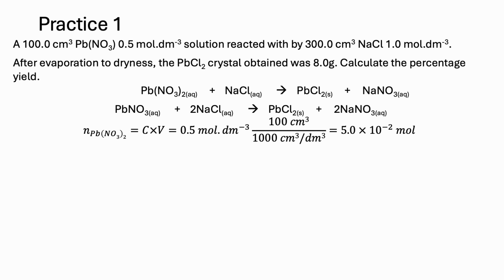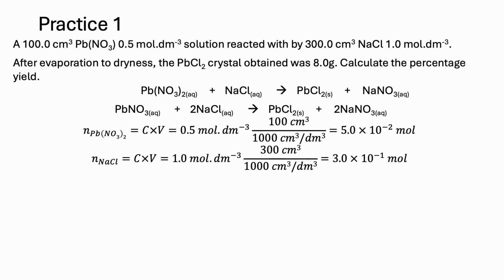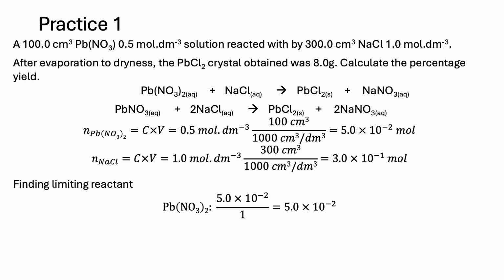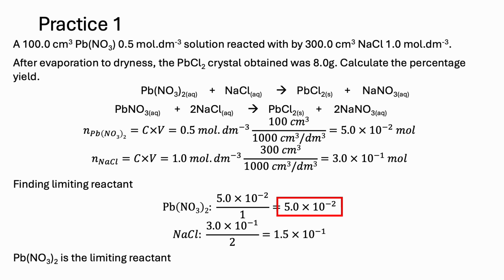We get 5 × 10^-2 mol, and for NaCl it's 3 × 10^-1 mol, and then divide by the coefficient. We get these two numbers, and because 5 × 10^-2 is smaller than 1.5 × 10^-1, this is the limiting reactant. So Pb(NO3)2 is the limiting reactant.